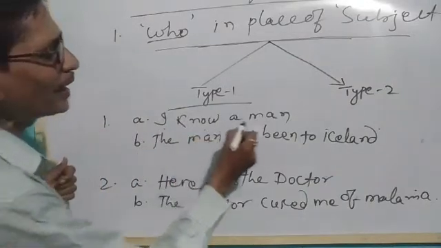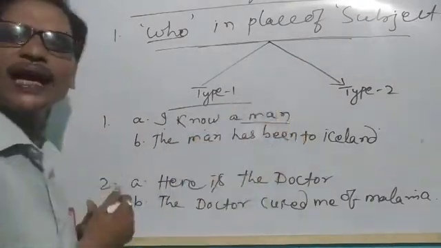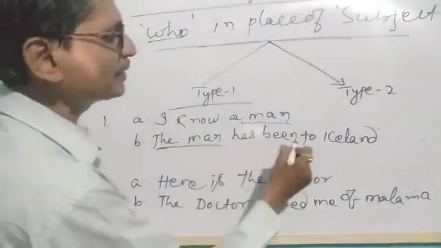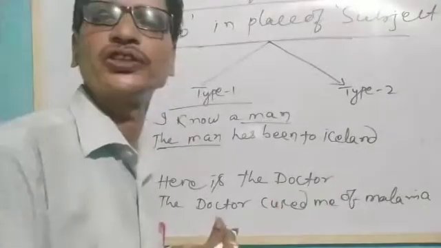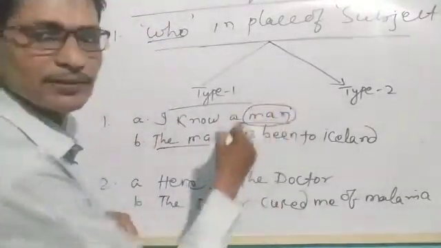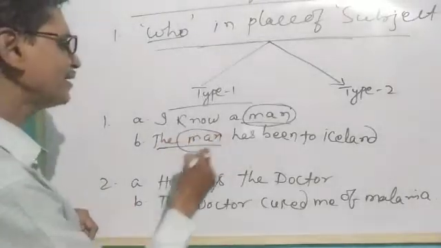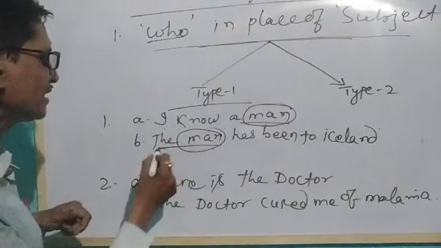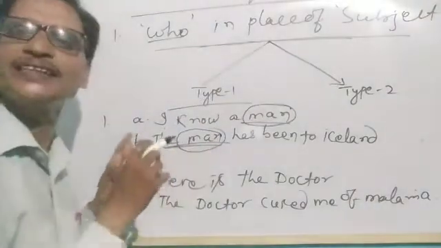I know a man. Here man is the noun. The man has been to Iceland. I know the man. The man has been to Iceland. So here you see, the man is used as a subject.